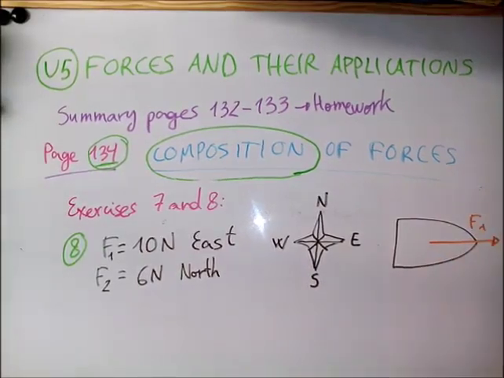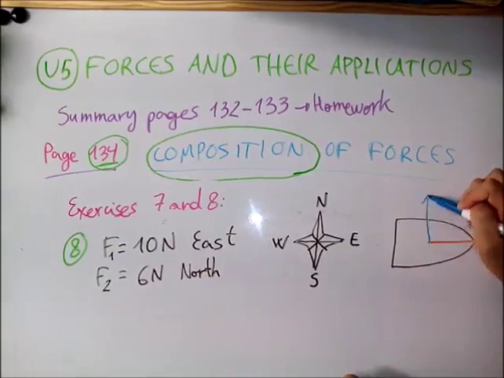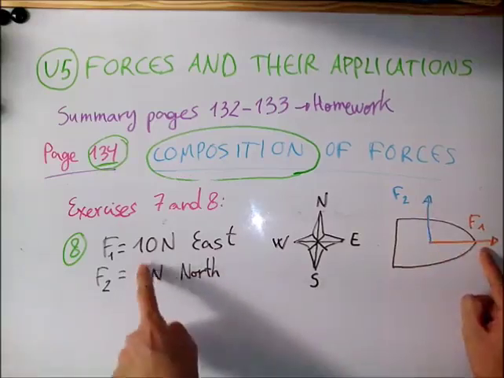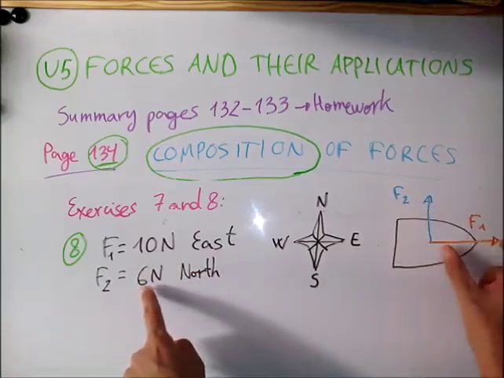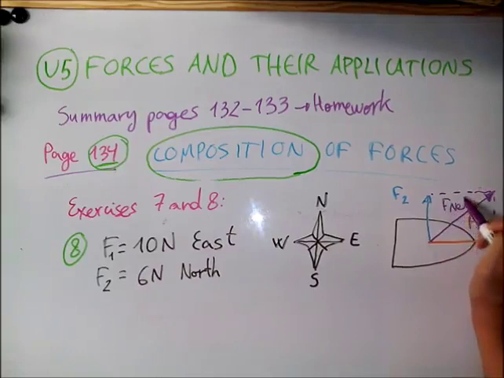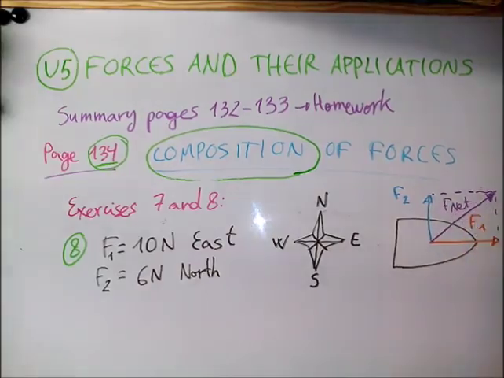But the current is pushing to the north, so this is going to be force 2. Force 1 is bigger than force 2 because force 1 is 10 and force 2 is only 6, so this should be bigger than this. We see the situation and say the total force is going to be something like this. This is what we call the net force, resultant force, or total force.